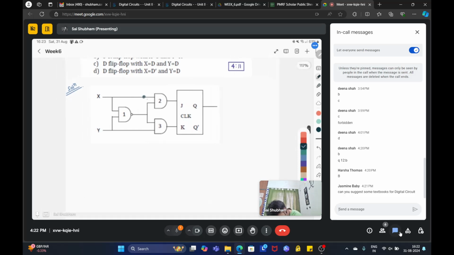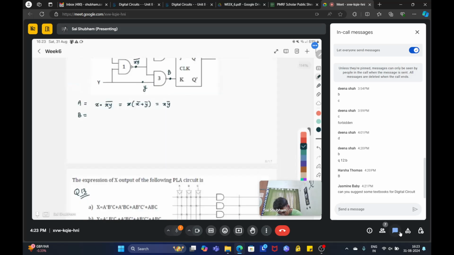Okay, this point is x, this is xy bar, this is y. Let's suppose this is a and this is b. So what is a? A is x dot xy whole bar, which is x bar plus y bar, which is xy bar.